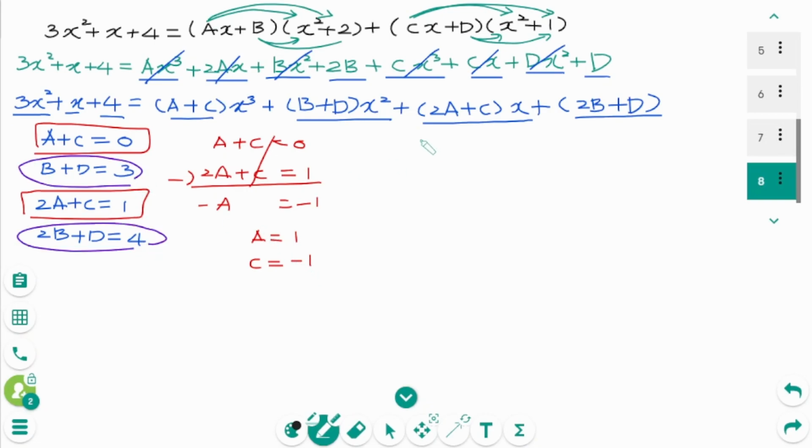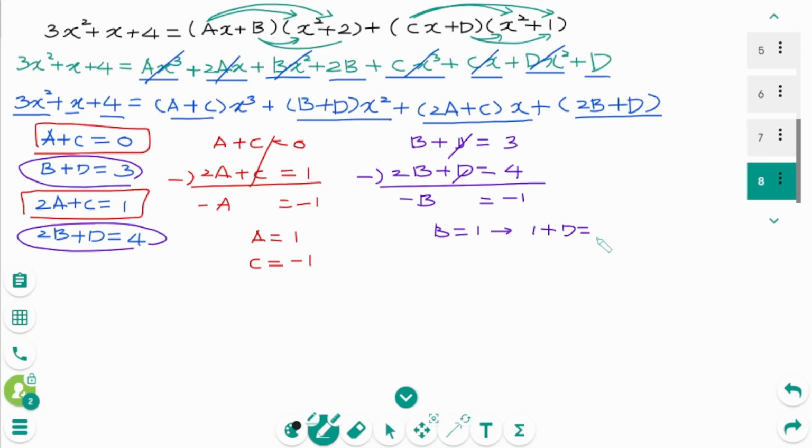From these two equations, b plus d equals 3, 2b plus d equals 4, subtract: b minus 2b is minus b, d is cancelled, 3 minus 4 is minus 1, then b equals 1, then 1 plus d is 3, that means d equals 2.